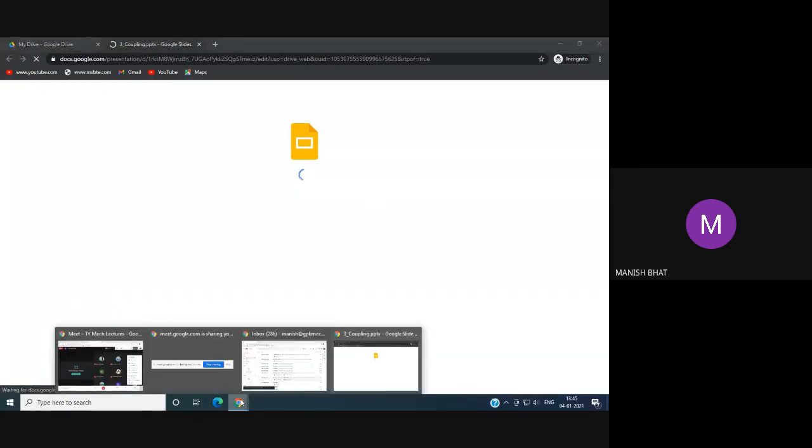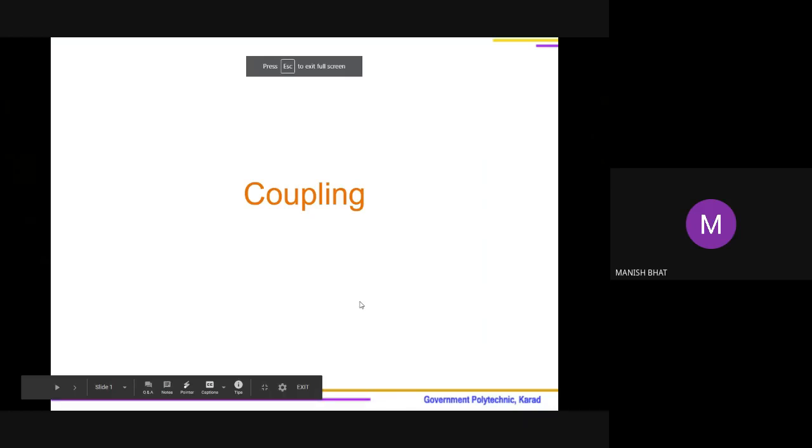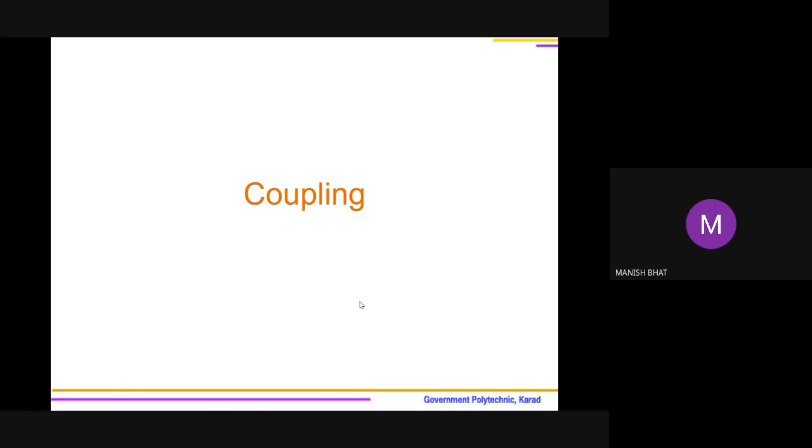Okay, a very simple coupling initially we will be learning. So we have learned design of shaft, we know how to design keys, and now we will be moving towards coupling. So couplings are going to couple two different shafts.